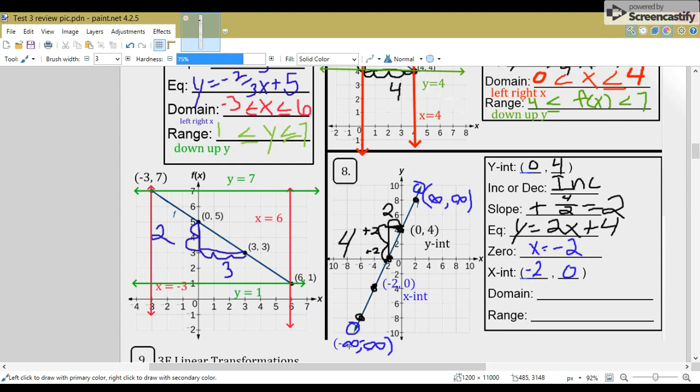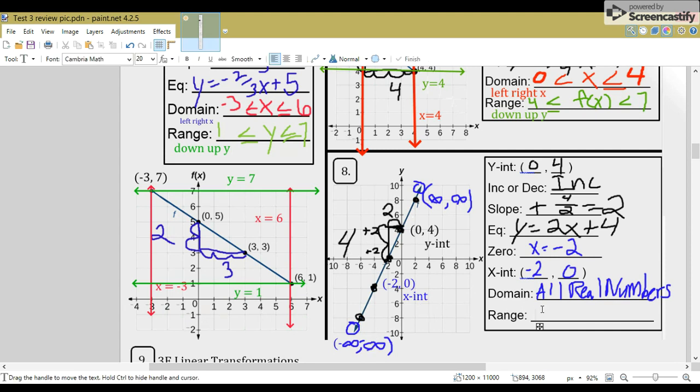This arrow is going to the left and down forever, and this arrow is going to the right and up forever. We have all real numbers as the domain. For the range, y is going down forever and it's going up forever, so the range is also all real numbers.